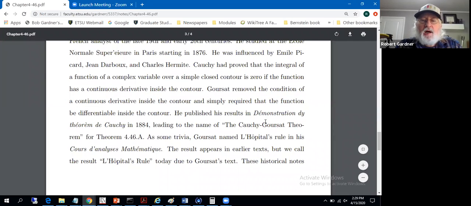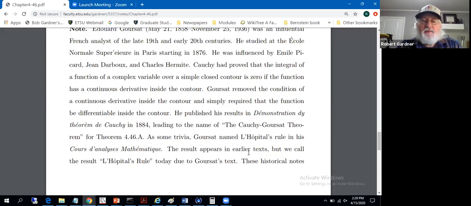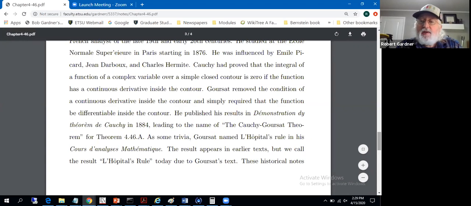Speaking of Goursat, some little trivia about Goursat in addition to his connections to this integral stuff and this complex stuff. He publishes a book, Course in Analysis, or Analytic Mathematics, I guess is how you translate this.